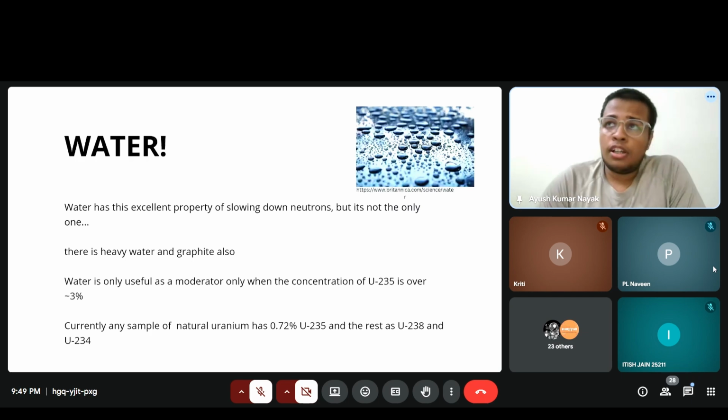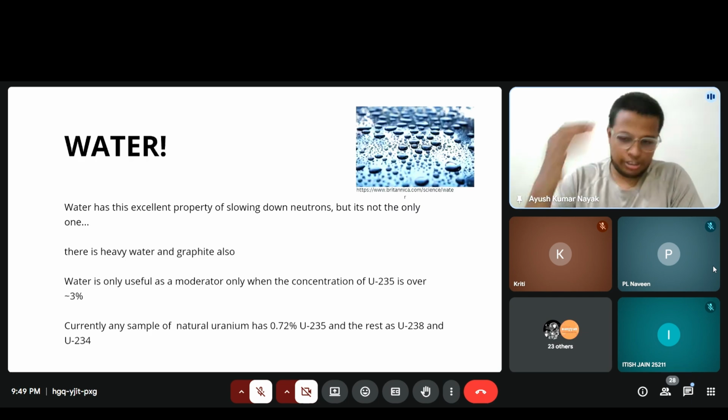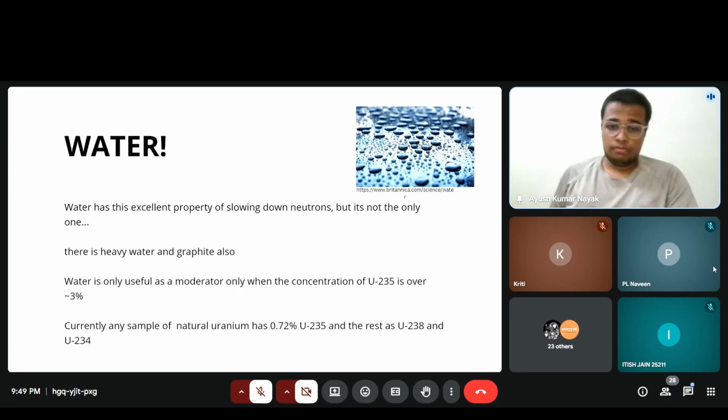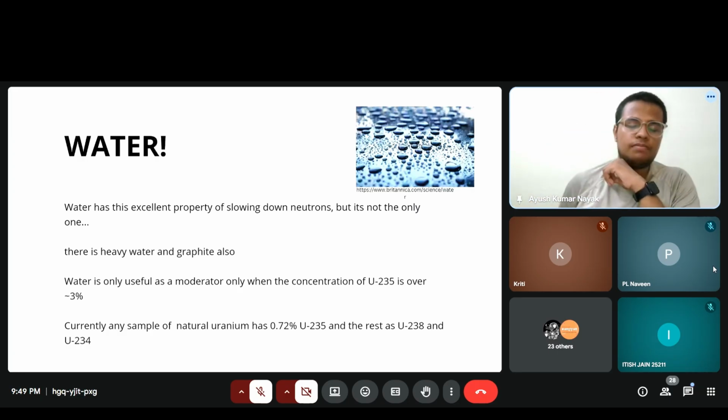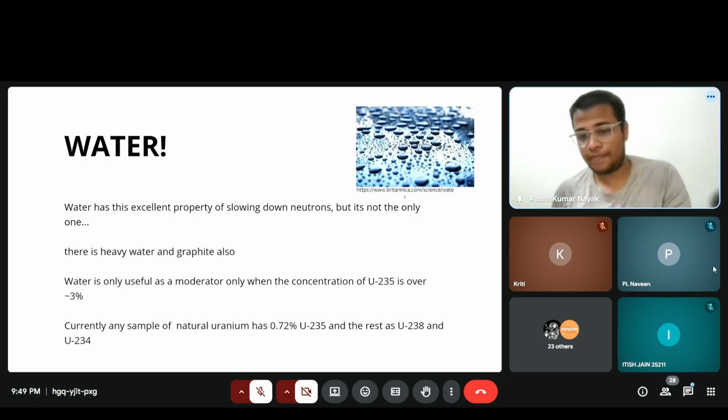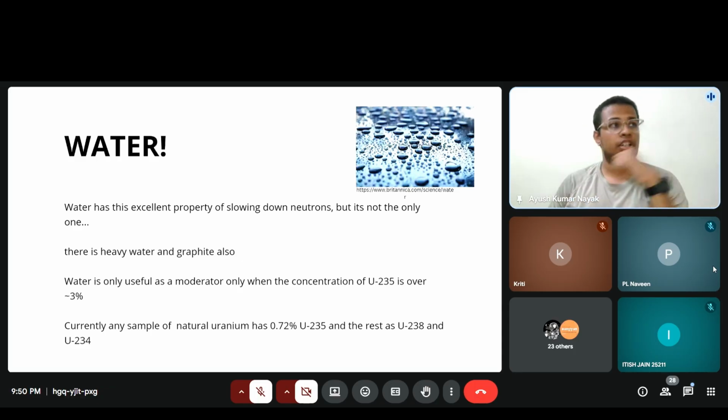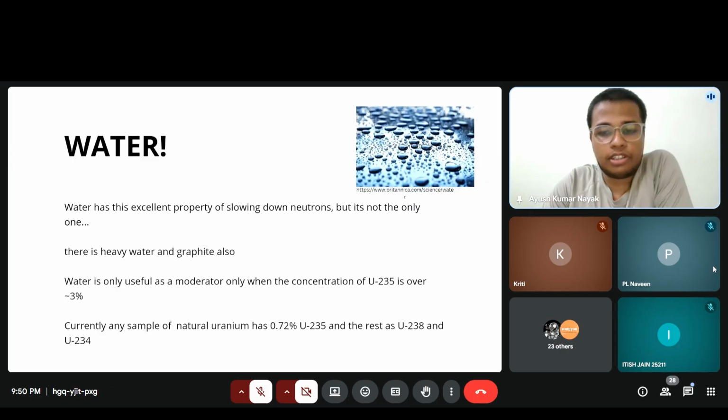Today, any sample of natural uranium, except the ones we are going to talk about, has a uranium 235 concentration of 0.72%, and the rest of it is made of uranium 238 and uranium 234. There are other isotopes of uranium itself. I'll talk about uranium 238 later on, and uranium 234 doesn't concern us for the time being.